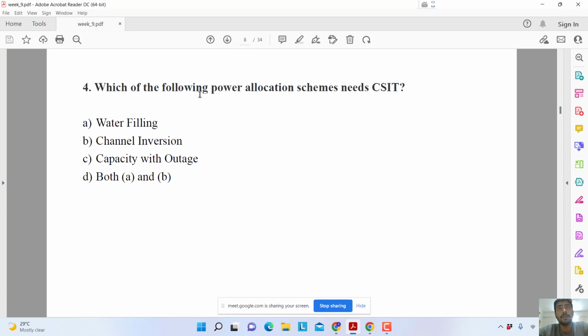The options are water filling, channel inversion, capacity with outage, and D is both A and B. The right answer of this question is the D part.